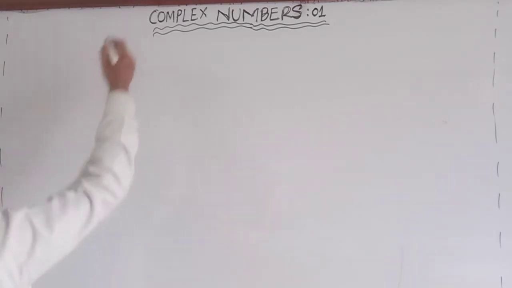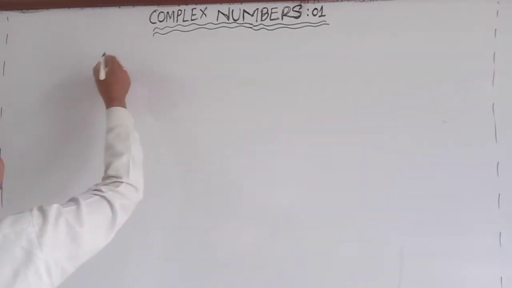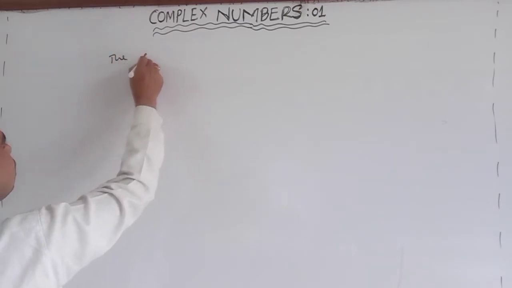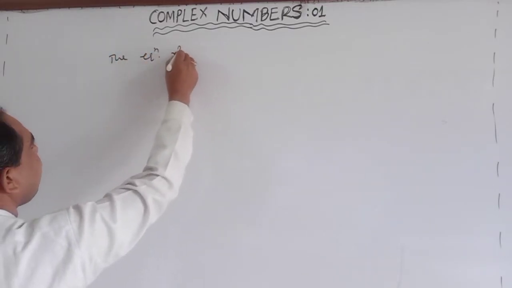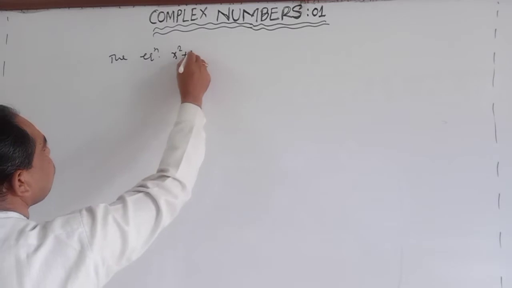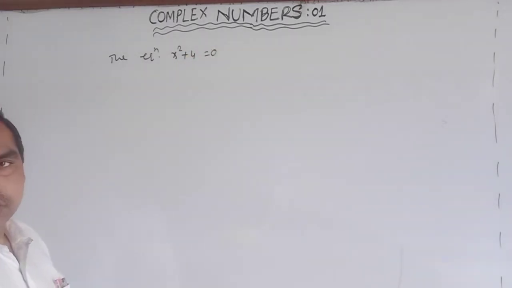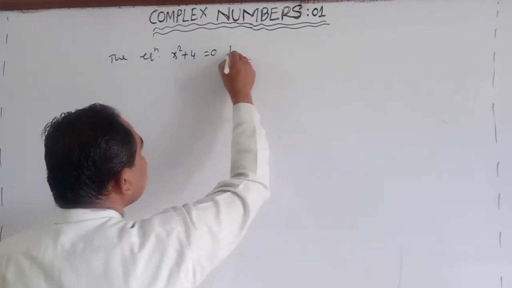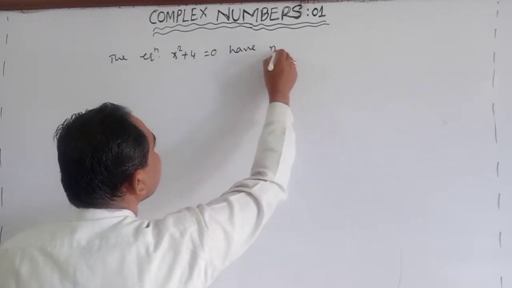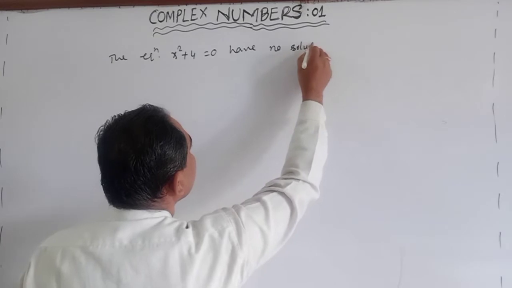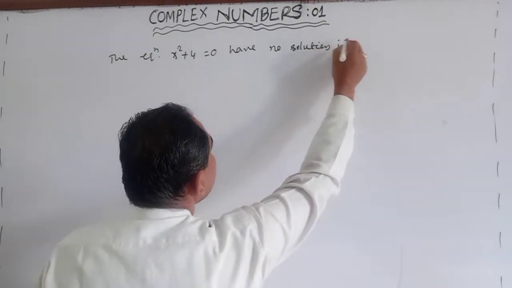The equation x square plus 4 equal to 0 has no solution in real numbers.